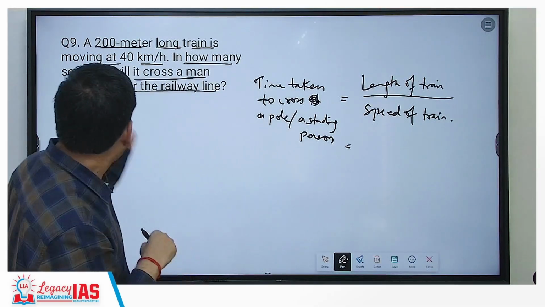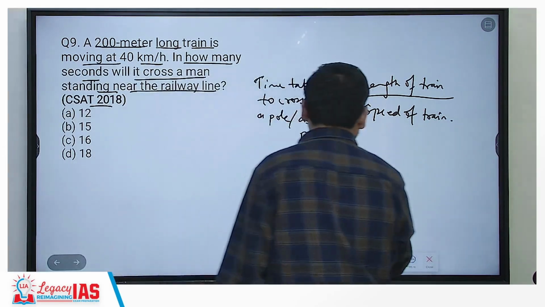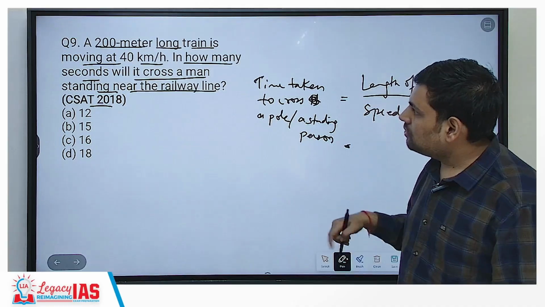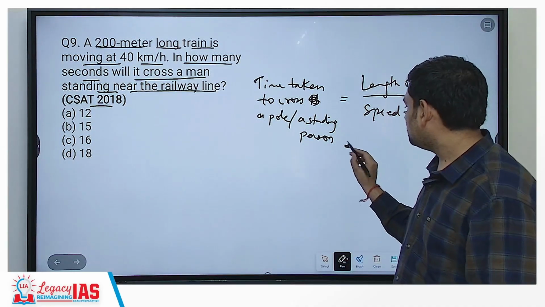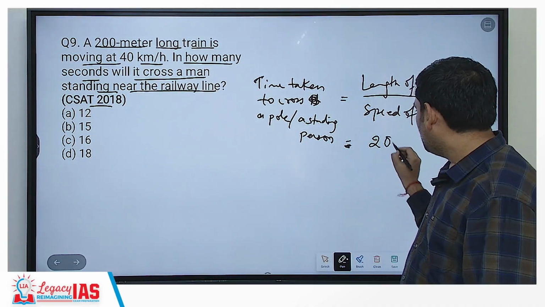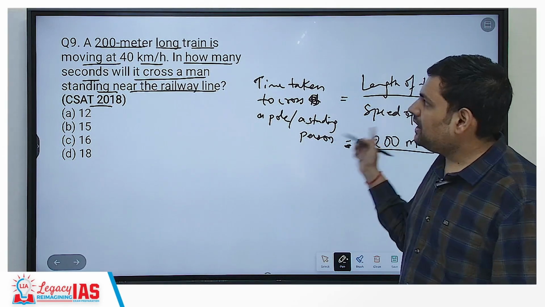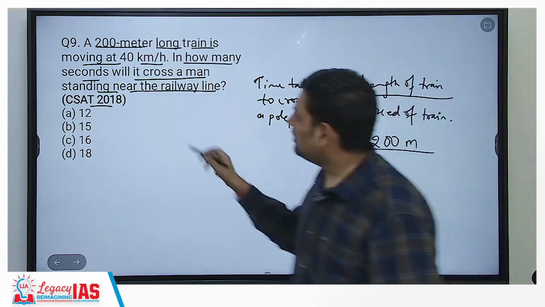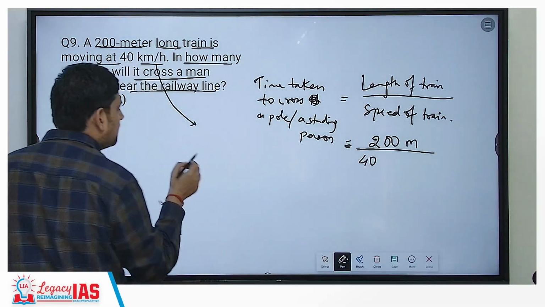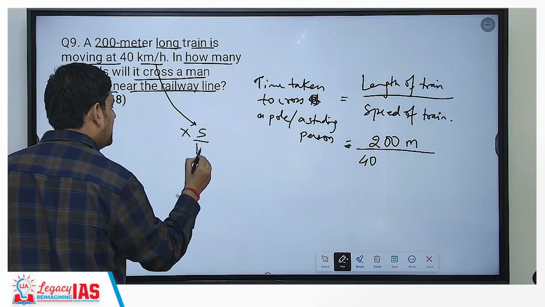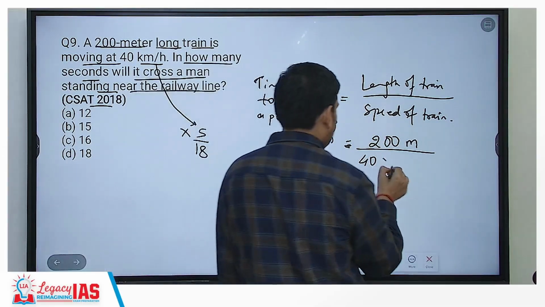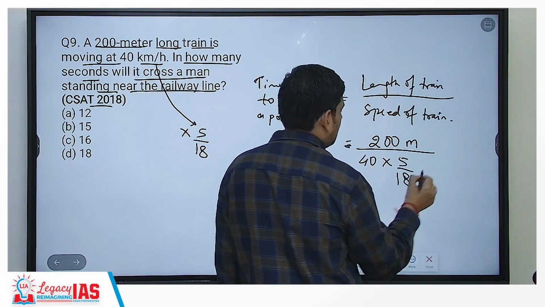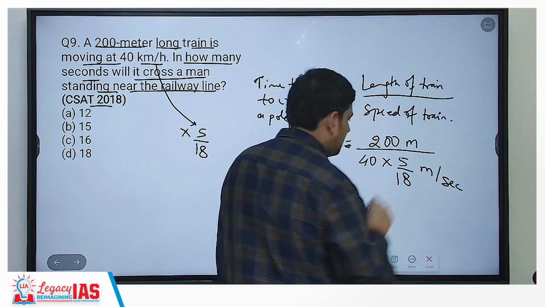Now the length of the train is given to be 200 meters. So 200 meters is the length of the train divided by the speed of the train, which is given to be 40, but 40 is given in kilometer per hour. How can I convert it into meter per second? Into 5 by 18. So 40 into 5 by 18 meter per second.